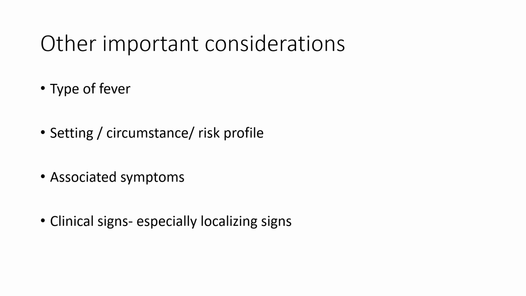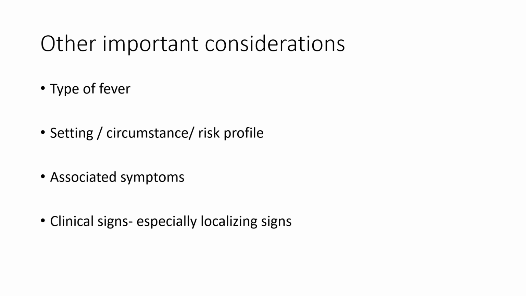Equally important is what is the setting or the circumstance or the risk profile of the patient who has developed a fever. For example, if a patient develops a fever while in hospital or while admitted for some other illness, it means it's a hospital acquired fever.